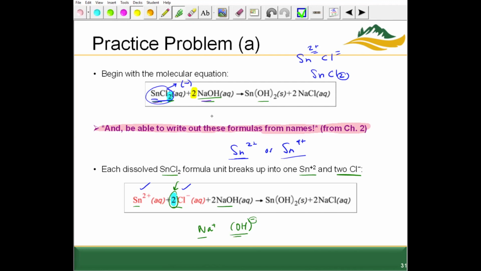So importantly, if we're given names and we're writing out the formulas, we're also balancing the reaction. So not only are we feeling comfortable writing out the formulas from names, but also balancing reactions at this point, where we needed a 2 here and a 2 here for all this to be balanced.